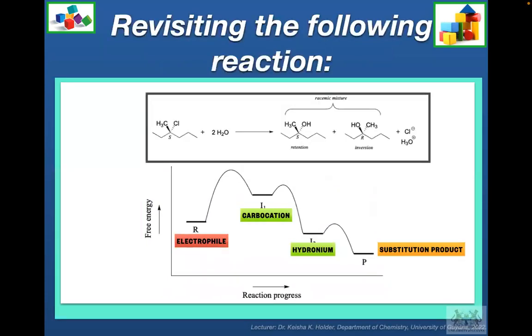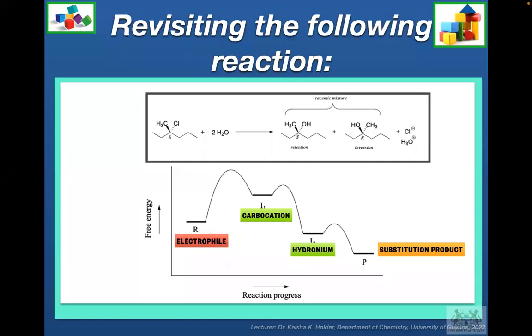All right, so revisiting our reaction, we just did that a few moments ago, but we're able to now put the two pieces together, and we're able to see that our electrophile represents R, it's at one energy level. The intermediate one represents our carbocation, which is at a higher energy level.